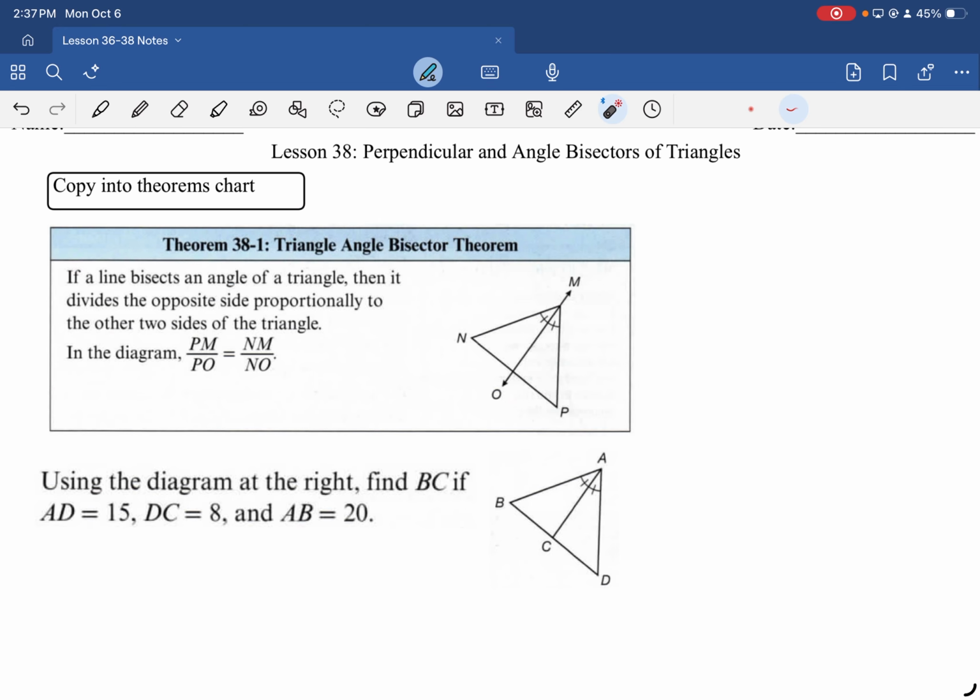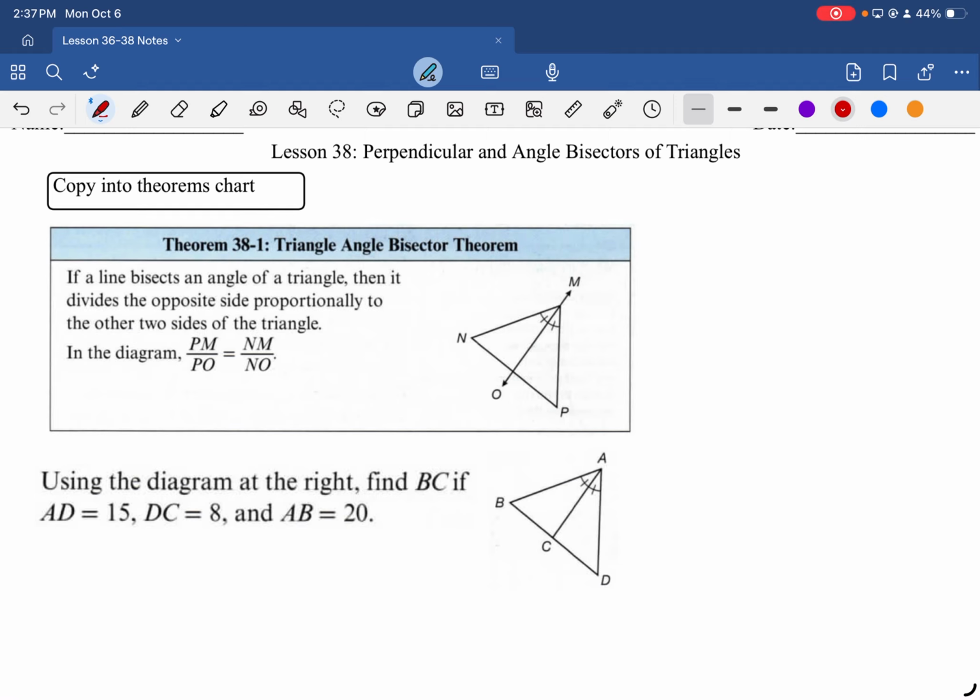It's basically saying that if you have a line that bisects an angle of a triangle, then it divides the opposite side proportionally to the other sides. So you see how there's a side here, here, here, and here. It makes a proportion. So let me draw some tick marks in here to help you visualize.